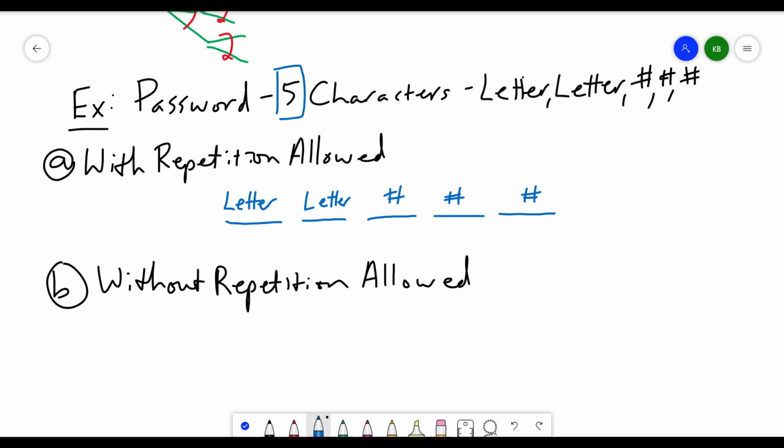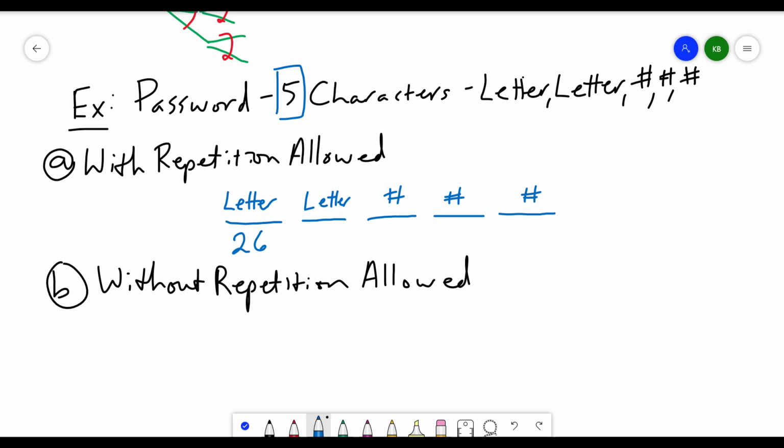So I can have a letter here, and my letter is going to be one of the English alphabet letters. So how many are there? Well, there are 26.